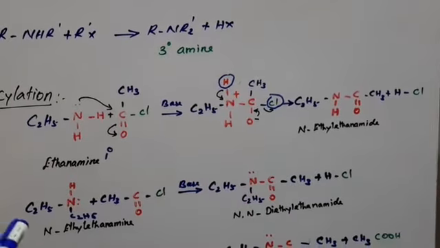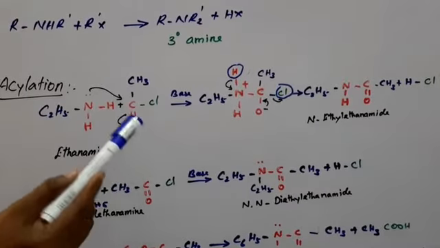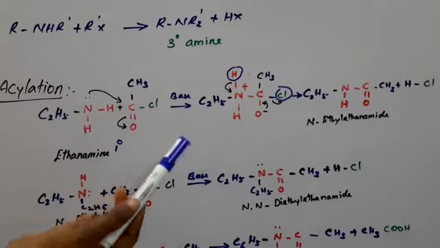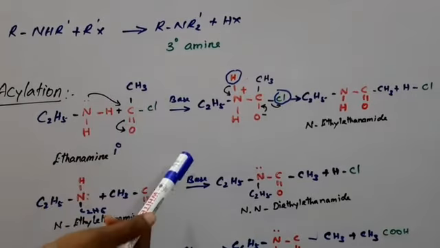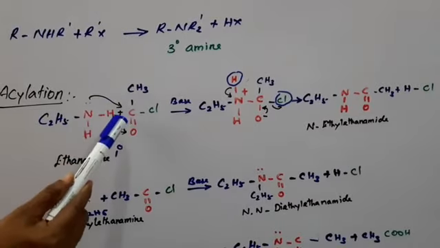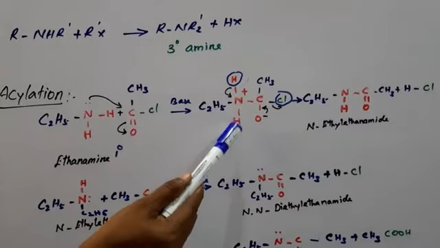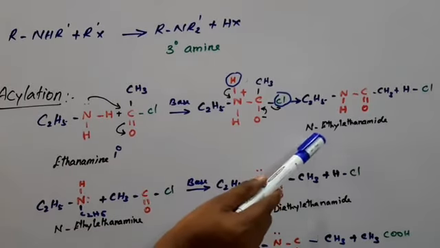This is N-ethyl ethanamide, because the CONH bond is ethanamide. Students, primary amine or secondary amine with acid chloride or anhydride, in the presence of a base like pyridine, undergoes a nucleophilic substitution reaction. The lone pair of electrons on nitrogen forms an intermediate product, then HCl is removed, and we get the ethanamide amide product.